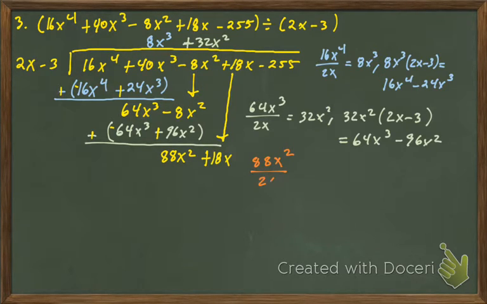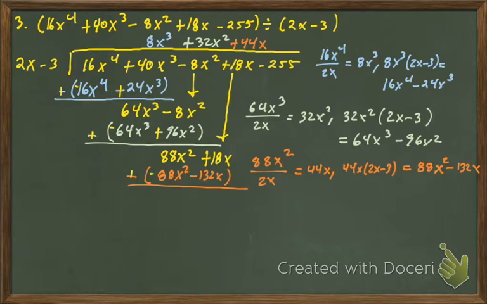88x squared divided by 2x is going to be 44x. 44x times the 2x minus 3 will be 88x squared, and minus 132x. 44x goes up there, 88x squared, and minus 132x. Subtract, change the signs, and bring down the negative 255, and do it one more time.